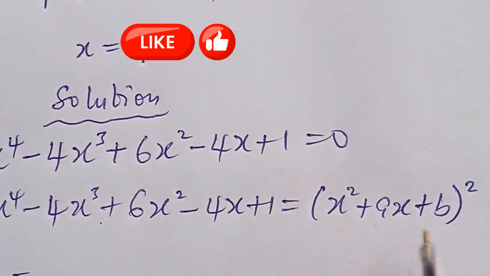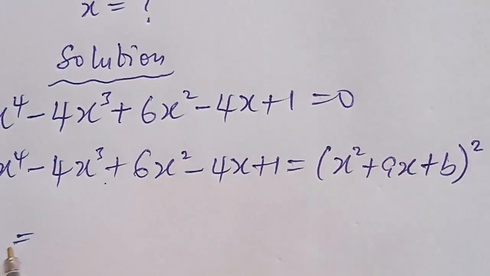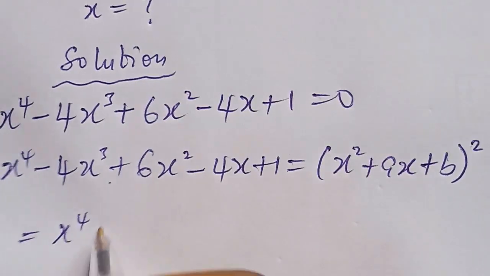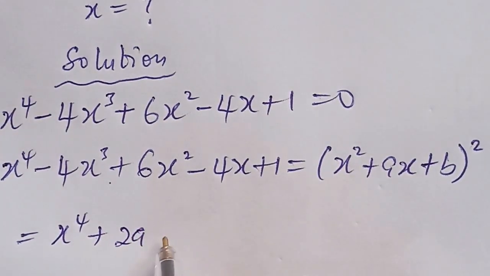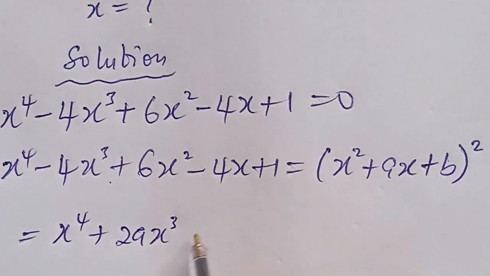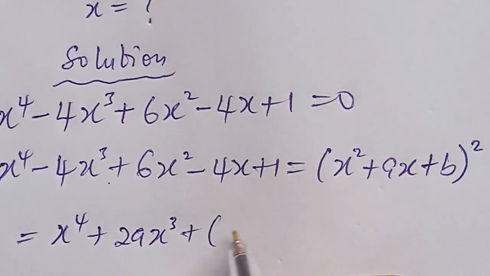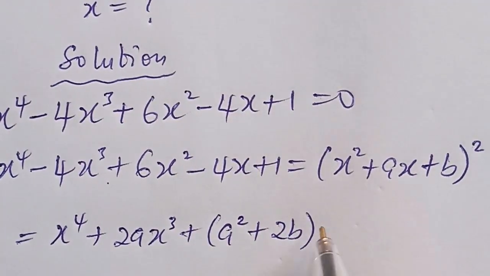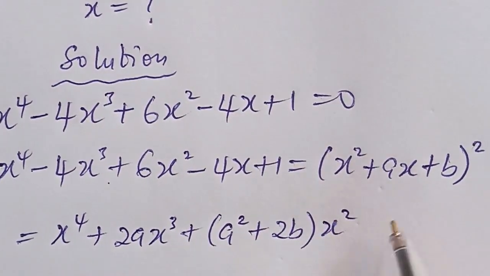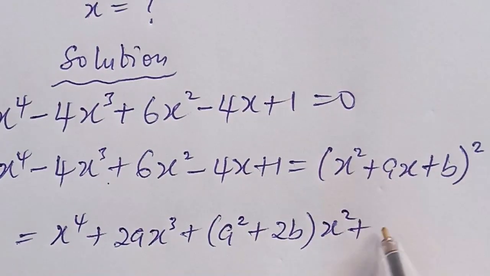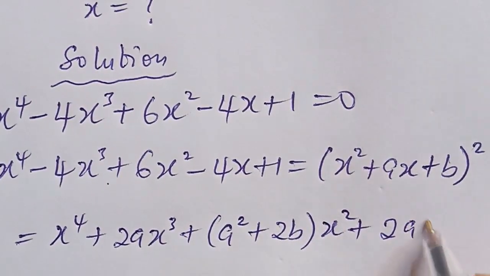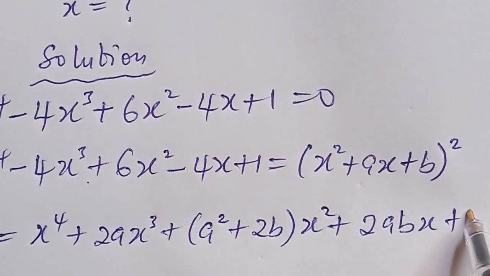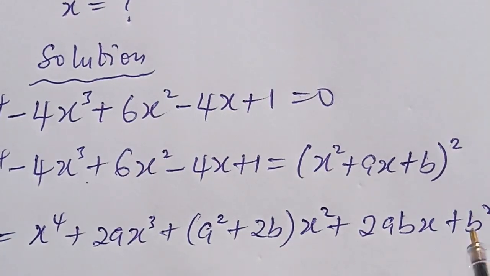This right hand side will be expanded as x to the power of 4 plus 2ax cubed plus (a squared plus 2b)x squared, plus 2abx, plus b squared.